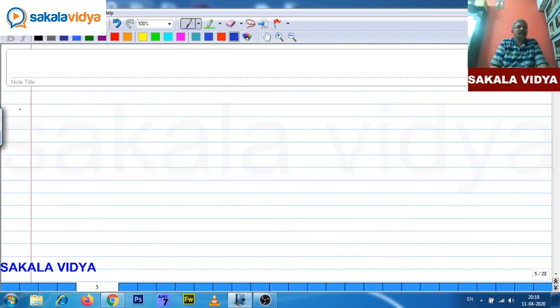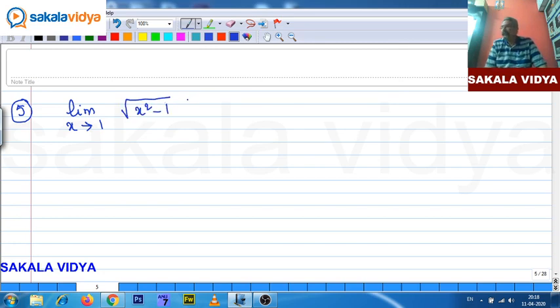Fifth question. Limit x tends to 1, root of x square minus 1 plus root of x minus 1, upon root of x square plus 1, equals to.